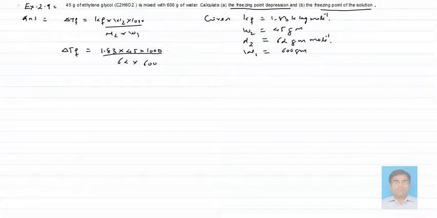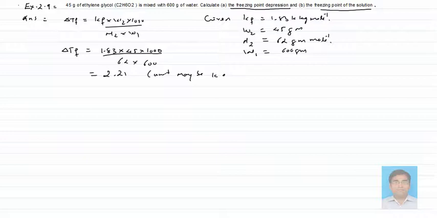With the help of calculator, if you calculate, the answer which you get is 2.21. Now the unit may be Kelvin or degree Celsius. It depends on the answer of MCQ. First we get the freezing point depression.